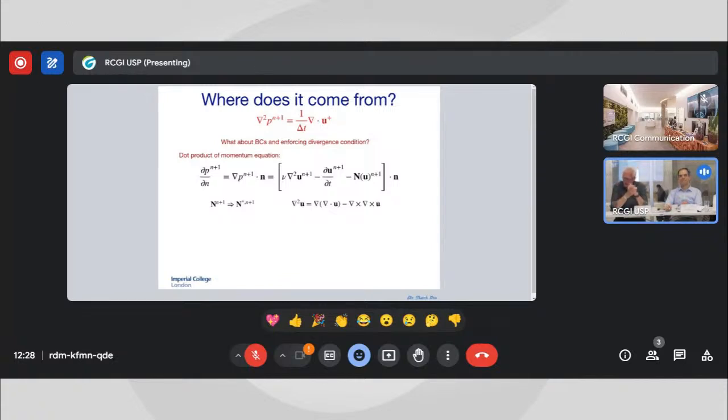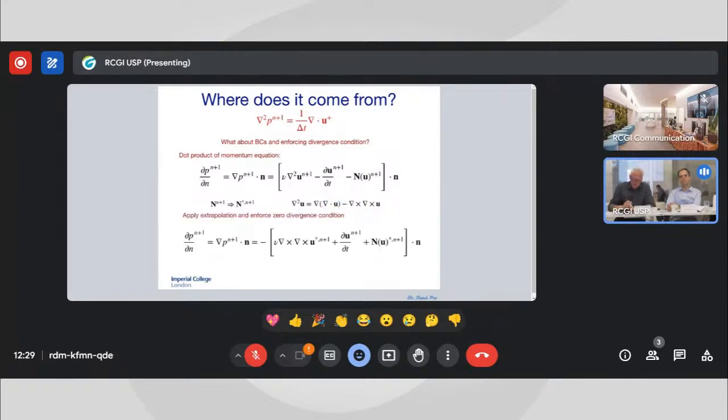But why it's attractive to us is because what we can do is try and set this term identically to 0. We know the divergence of u in our case is equal to 0. So I try to enforce the divergence to be 0 at my next level by using this curl form of the diffusion operator rather than this nabla squared Laplacian type operator. Okay.